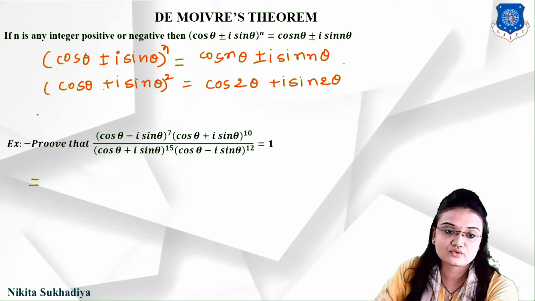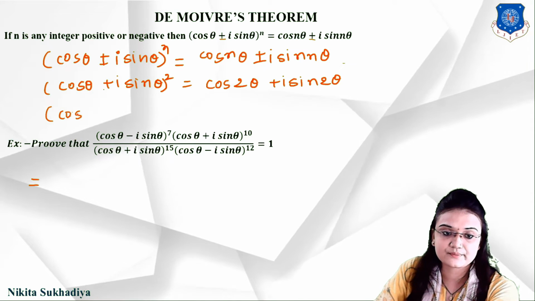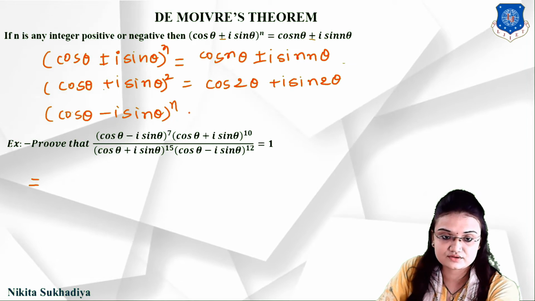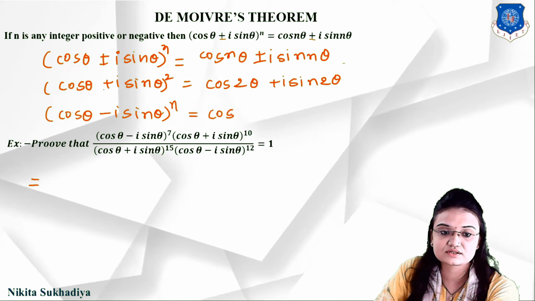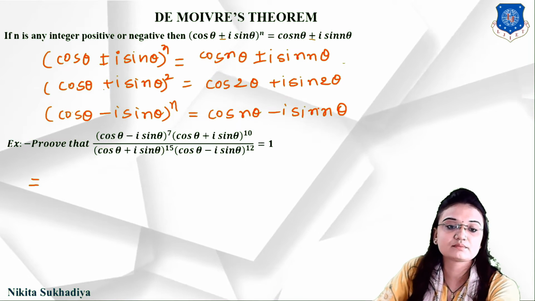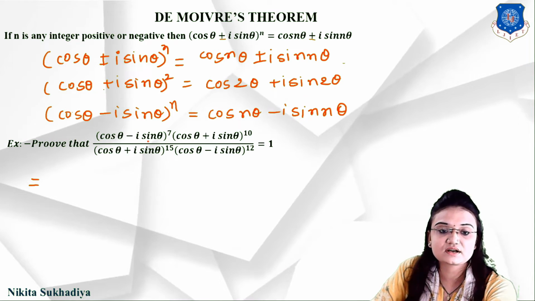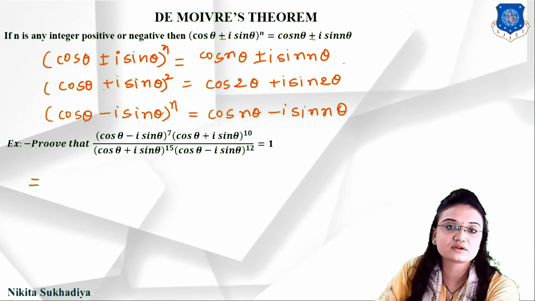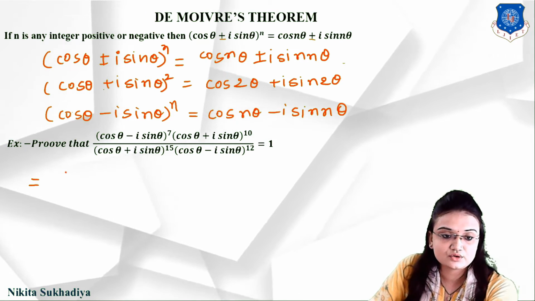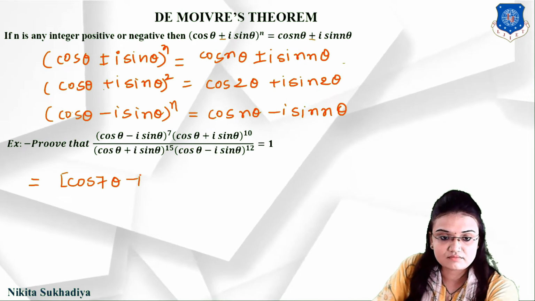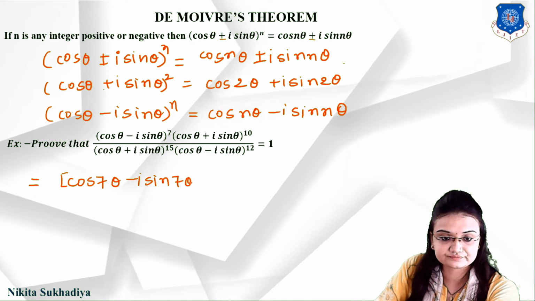For example, we have (cos theta minus i sin theta) raised to n, so we can also write it like that: cos n theta minus i sin n theta. Okay, remember this. So here we have (cos theta minus i sin theta) raised to 7. According to de Moivre's theorem, in the numerator we can write cos 7 theta minus i sin 7 theta.